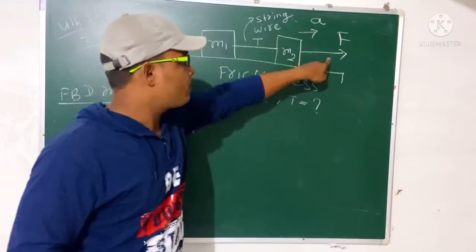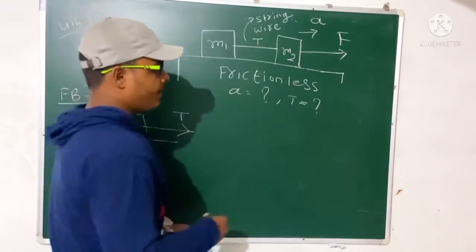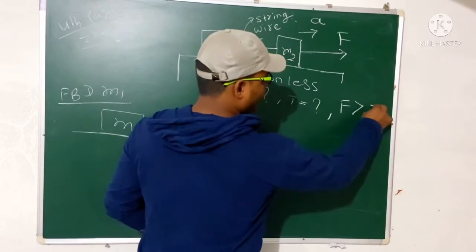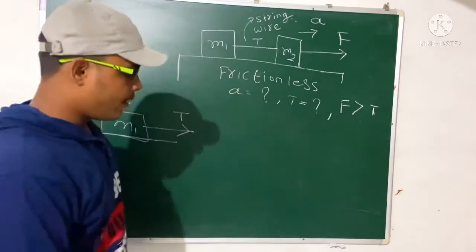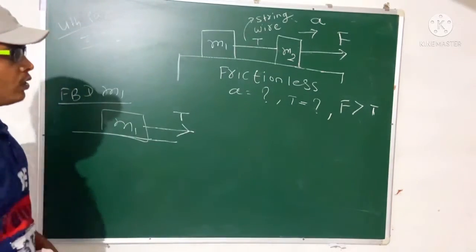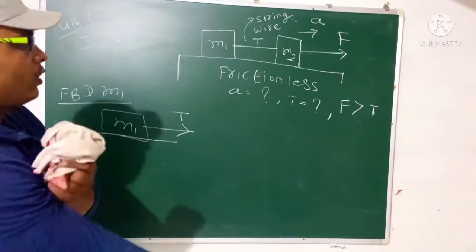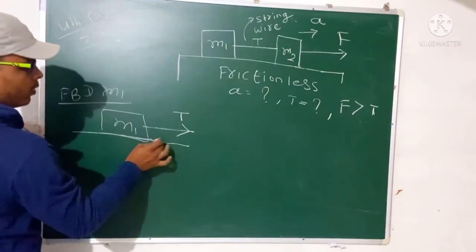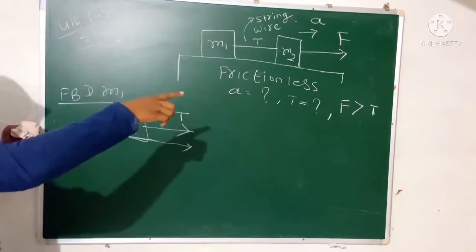So remember, your F should be greater than T. Otherwise, we cannot pull M2 and M1. Remember this case, that we are pulling M1, so F should be greater than T. Okay, so this is the FBD. M1 also pulls M2.